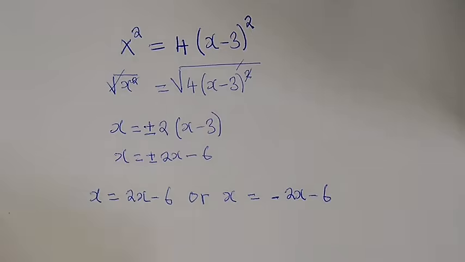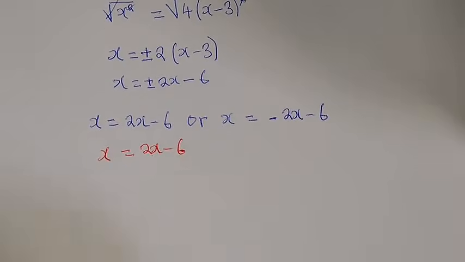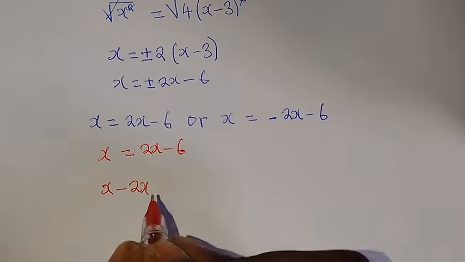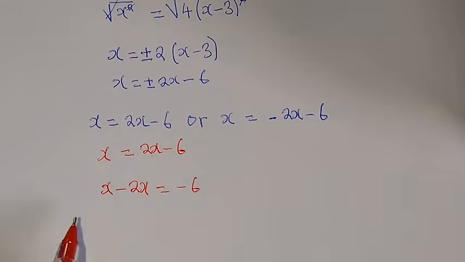Now from this stage, we solve this the way it is. I'll write x equal to 2x minus 6. Then I'll collect the like terms. This x and 2x are like terms. So when we collect the like terms, we say x minus 2x is equal to negative 6. We want to find the value of x.